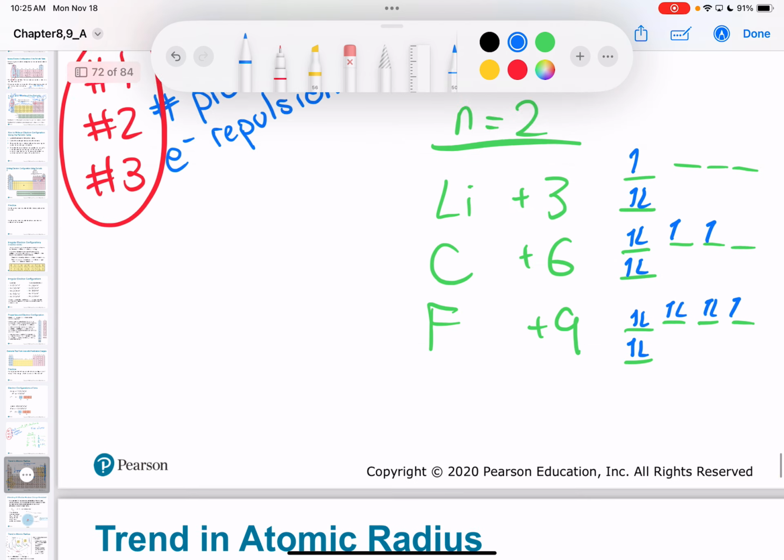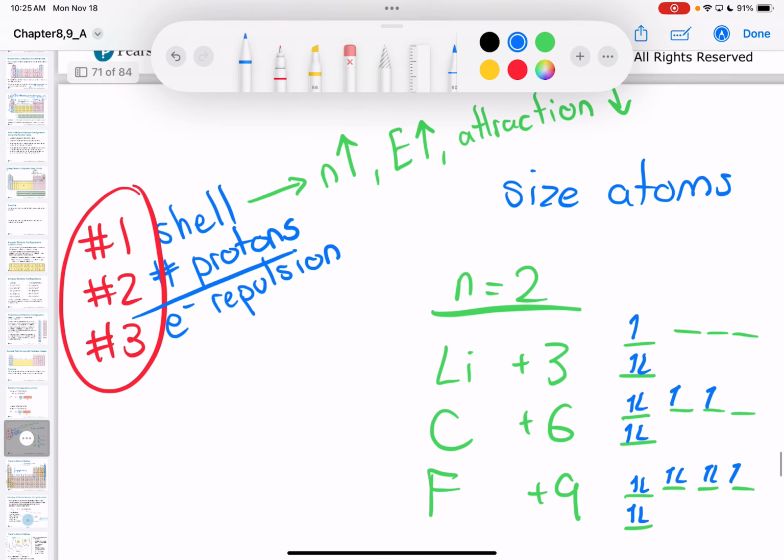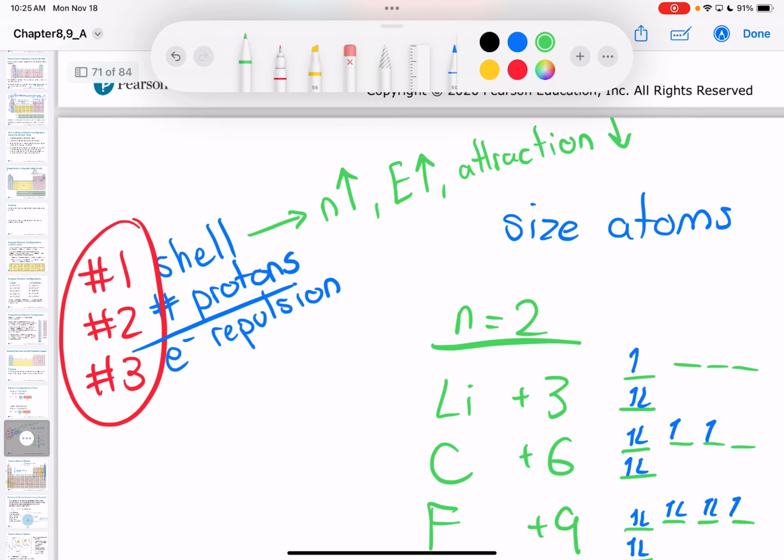Okay, so we've now used number 2 to explain why fluorine is smaller. I'll put this in green just like we did with the one above. As the number of protons, I'm going to put this as Z, because you should know that Z is the atomic number, which is the number of protons, which is what's on the periodic table.